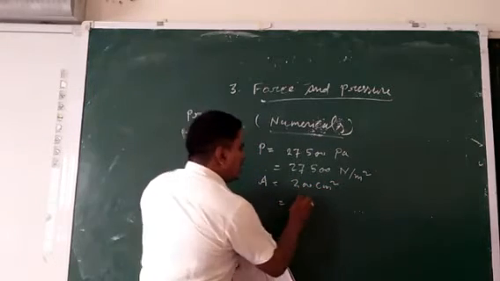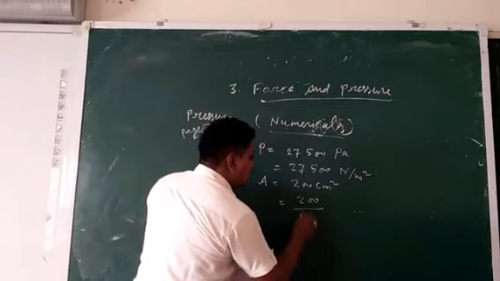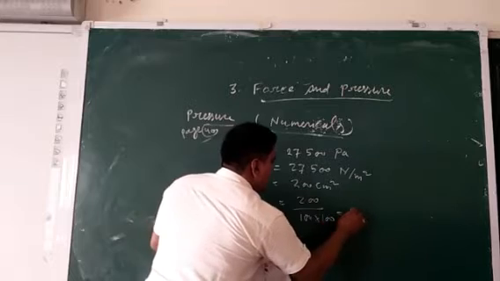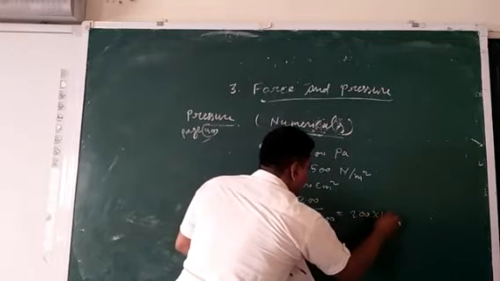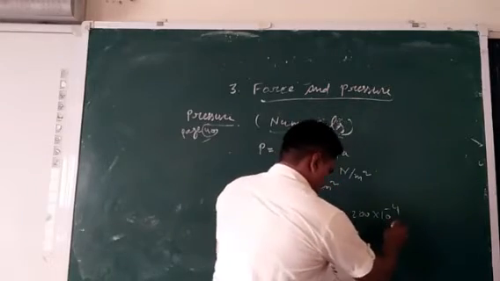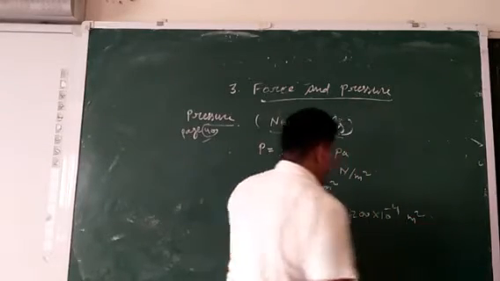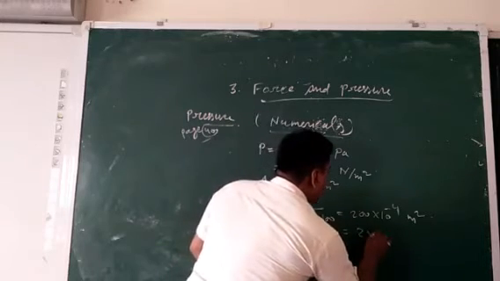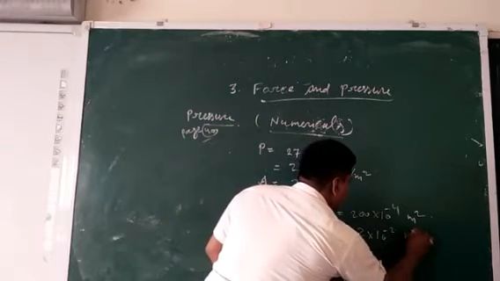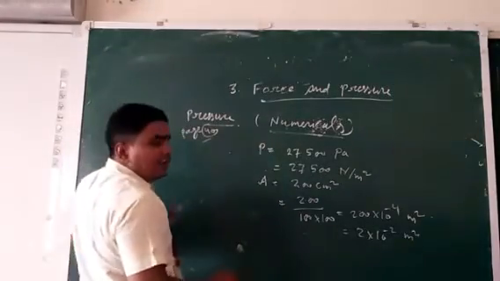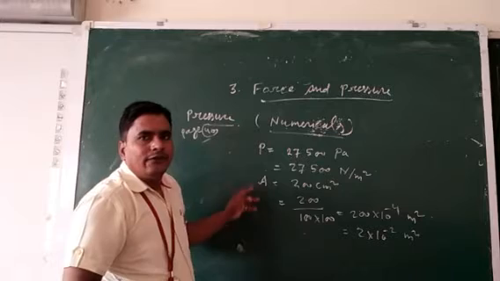So we can convert this into meter square, the SI system, by dividing by 100 into 100. So 200 into 10 to the power minus 4 meter square, or you can write it as 2 into 10 to the power minus 2 meter square. Clear? So here we will find the value of the force.